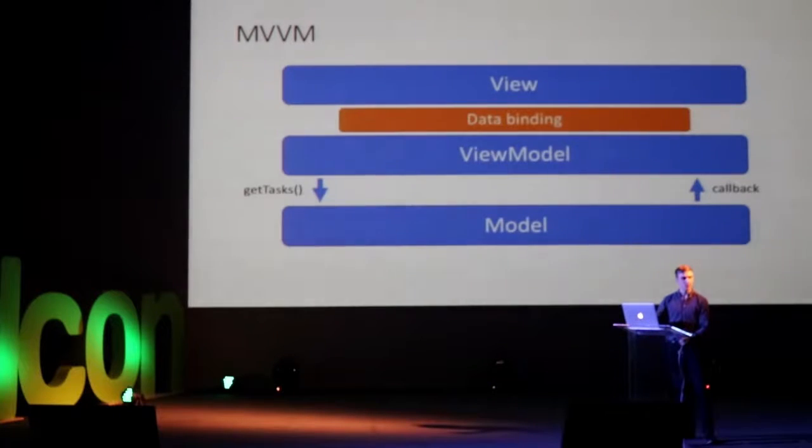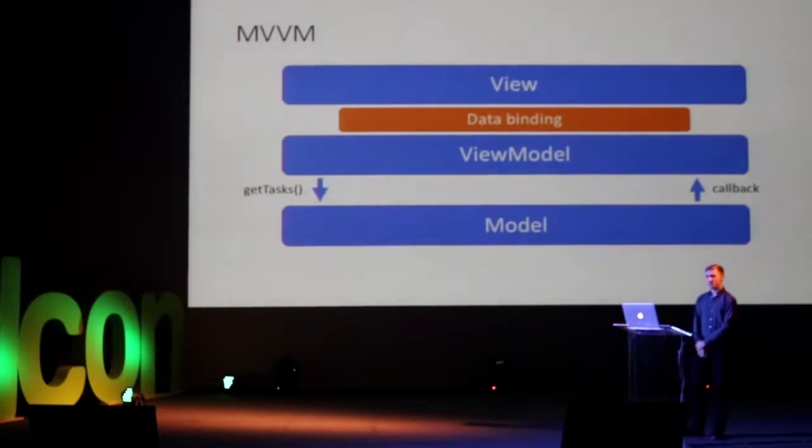When the view model gets the callback, the spinner is set to invisible again, and the data is loaded automatically in the view. So that's very nice. MVVM and data binding really go hand in hand. And the view model in this case has the sole responsibility to represent the data that is behind the view or part of the view.